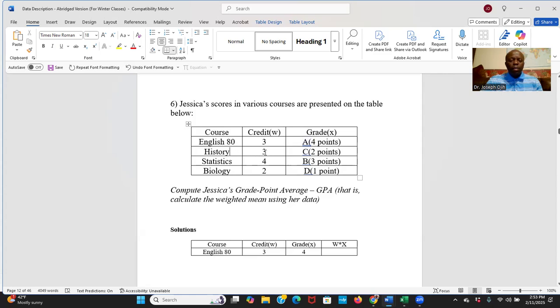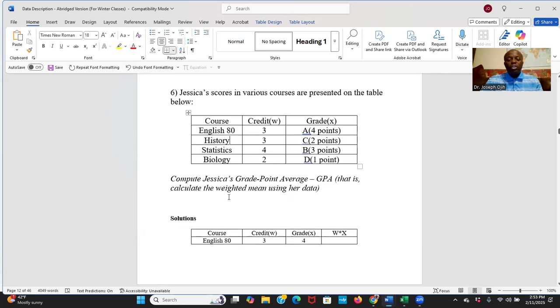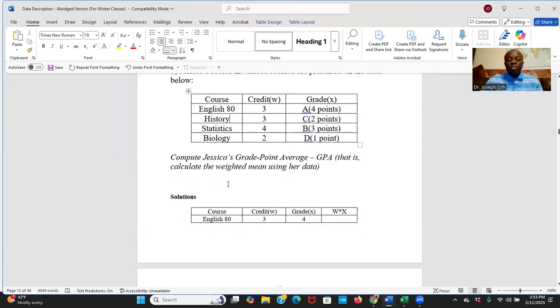History, the credit load, which is the weight, is 3, and she got C, which is 2 points. Statistics, the credit load is 4, and she got a B, which is 3 points. Biology, credit load is 2, and she got a D, which is 1 point. Compute Jessica's GPA, grade point average.